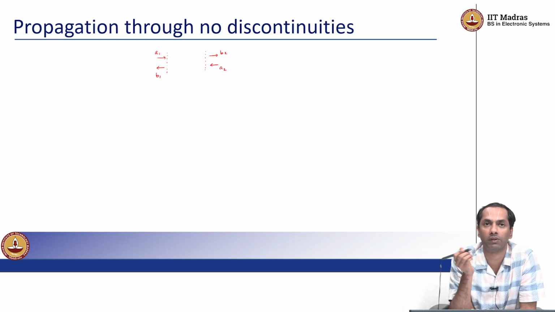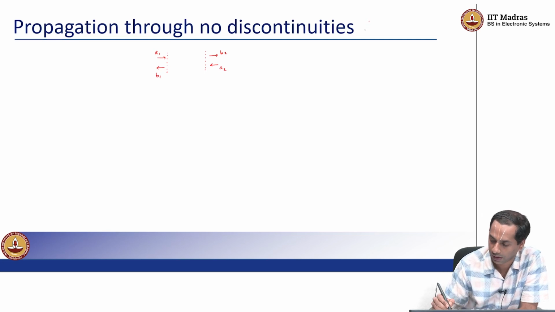So whatever plane wave I launch at A2, because there's no discontinuity, it's a homogeneous unbounded media, I just expect A2 to just move to port 1 and show up as B1, right? So it's just going to be a phase delay that we can think of. So we can also think of this as a delay element, right?